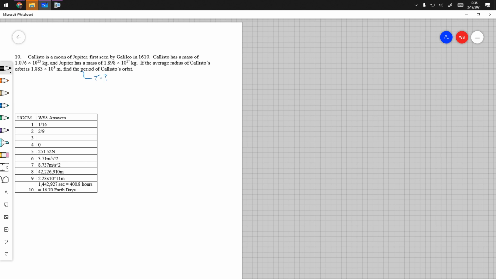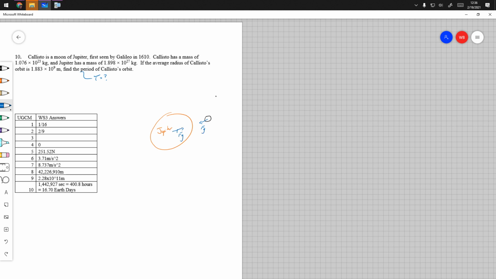Anytime I do anything like this, I make a picture. I'm going to make Jupiter here, the red giant, and the little moon of Callisto here. And I think to myself, what do I know about this? Well, I know that there's a force of gravity acting on Callisto, and there's a force of gravity acting on Jupiter.